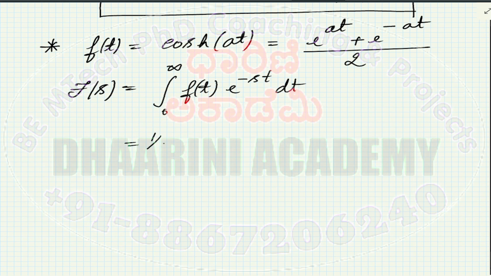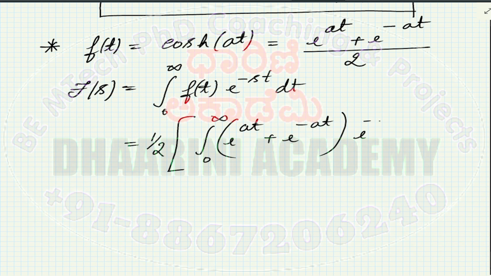So I'll write a half outside, into the integral from 0 to infinity of e to the at plus e to the minus at, into e to the minus st dt.